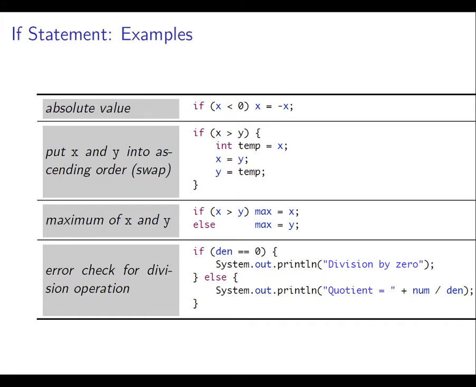We have seen the first 3 of these already on previous slides, so we're going to find the absolute value of a variable x in the one-liner at the top. We put them in ascending order by swapping them using a temporary variable in the second example. We find their maximum and assign the maximum of x and y to be the new value of a previously declared variable max in the third example. The fourth example is the only one we haven't yet seen, and it is not really any harder.